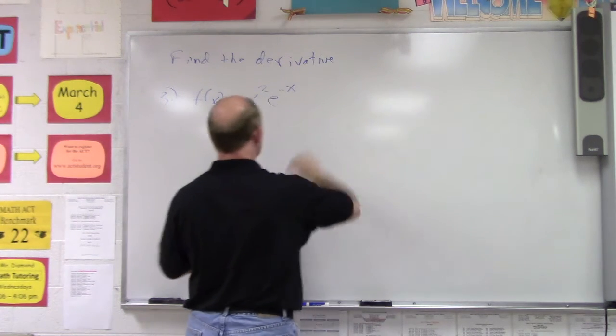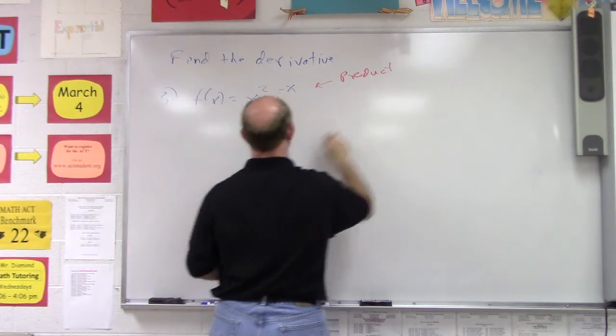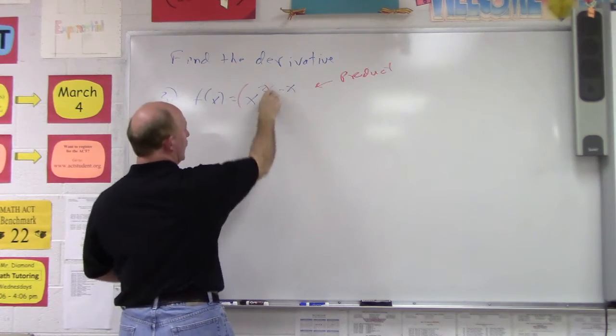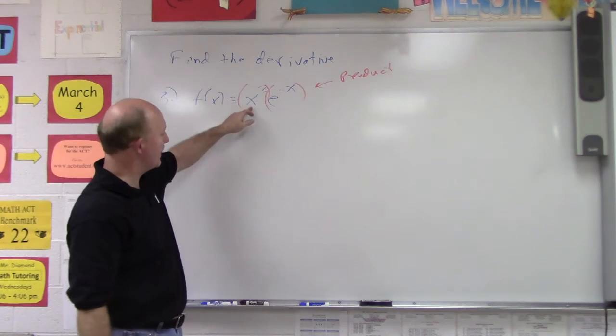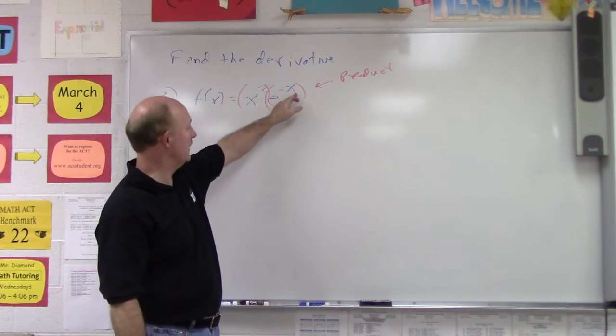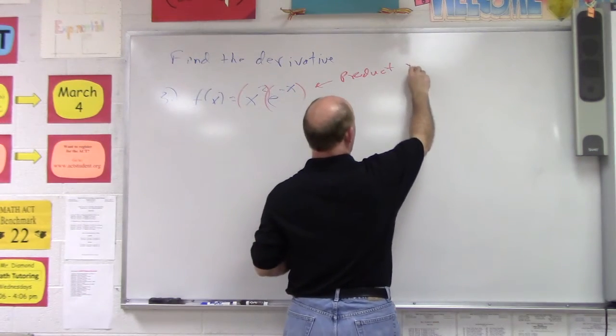Now, first thing you want to notice, this right here is a product: x squared times e to the negative x. X squared is your first factor. E to the negative x is the second factor, so to find the derivative now, we have to use the product rule.